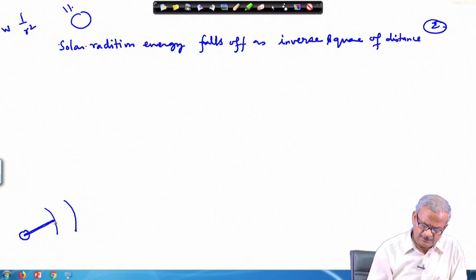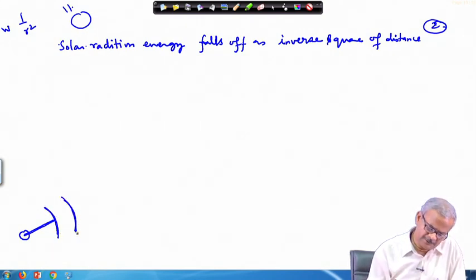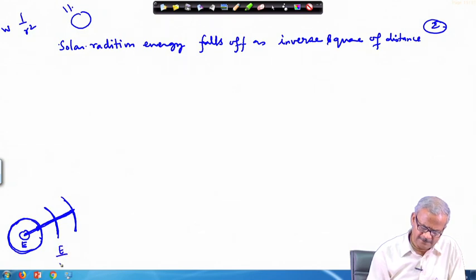So, the energy falling per unit area keeps decreasing as you go in this direction. Here you will get a very large quantity per unit area. Say the total energy emitted by the sun in unit time is E. If you take the area and divide, E divided by 4 pi r square gives you the energy per unit area.